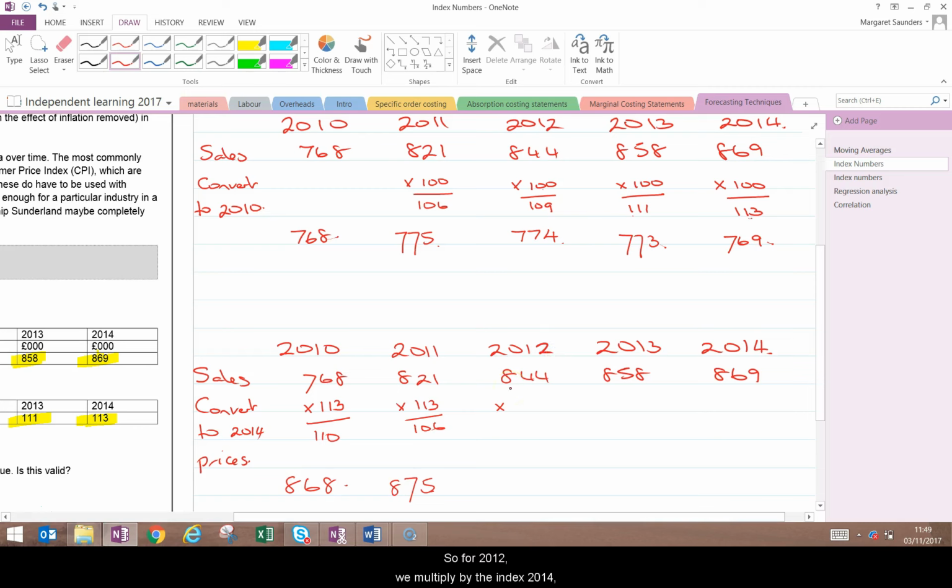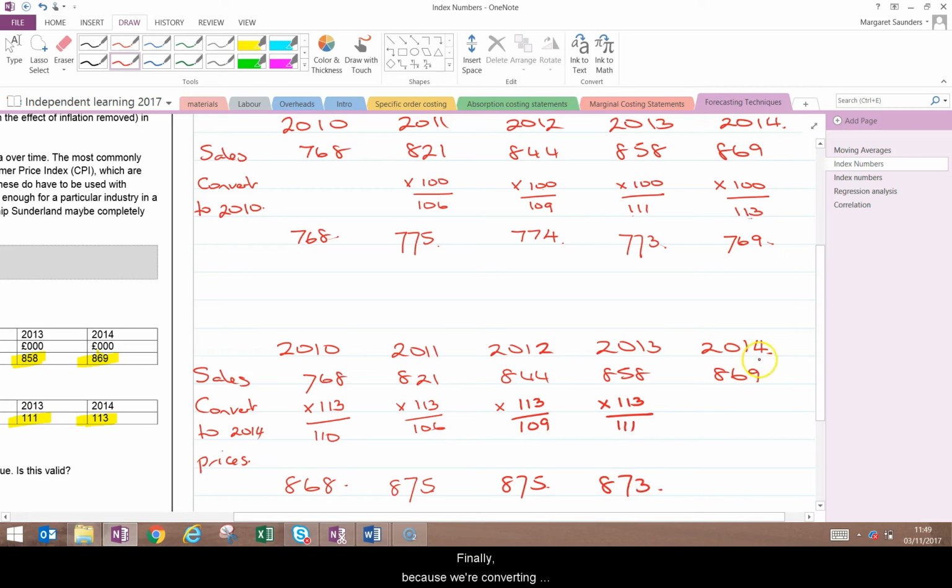So for 2012, we multiply by the index of 2014, divide by the index for 2012. For 2013, multiply by the index for 2014, divide by the index for 2013.